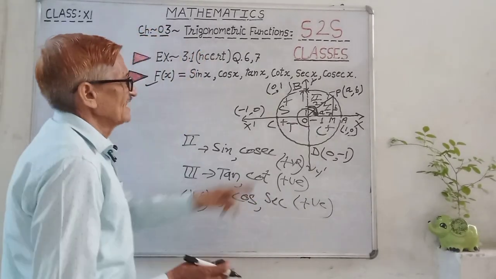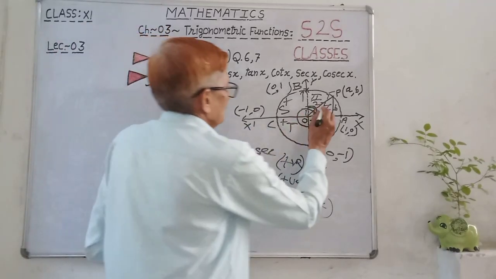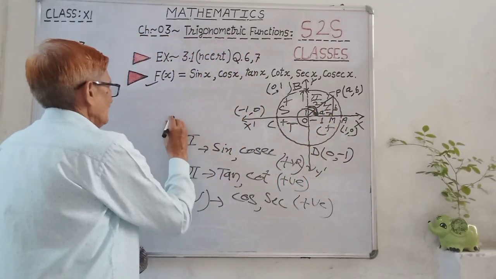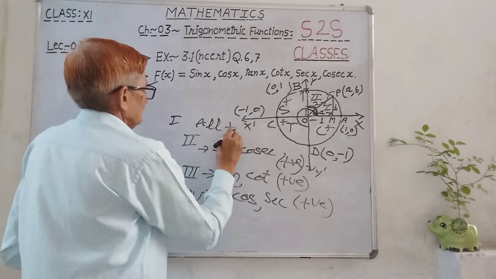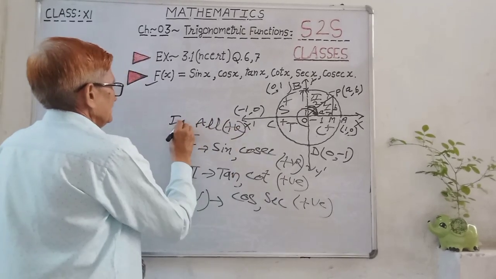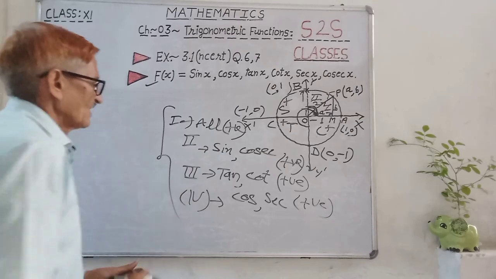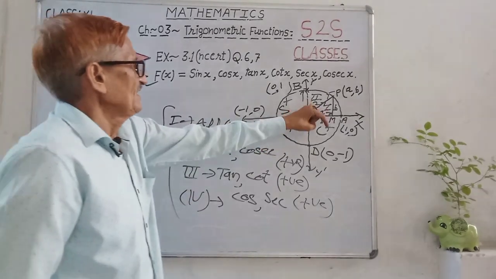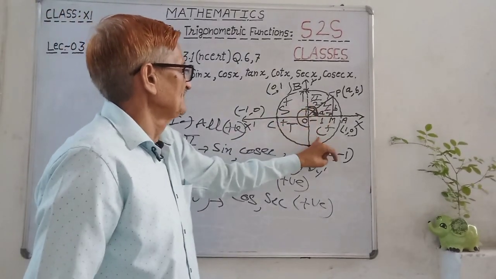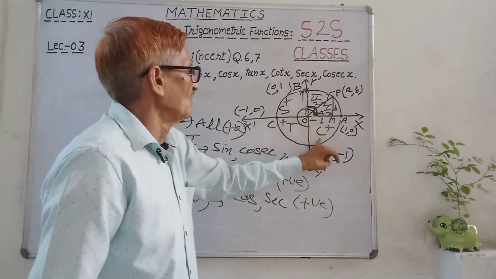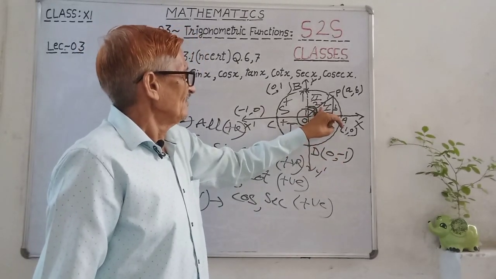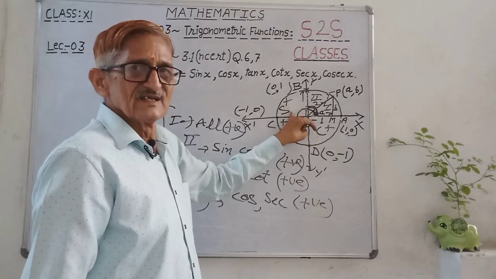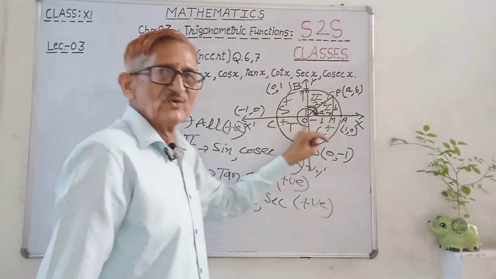So you understand, in the first quadrant all are positive. To remember this in the quadrants, A S T C, remember it as All School To College.